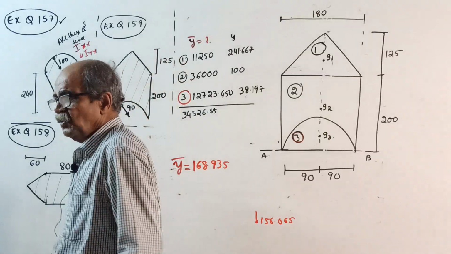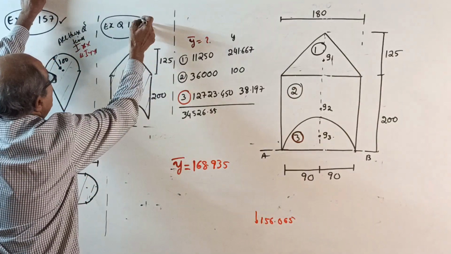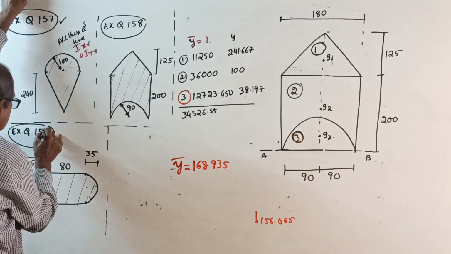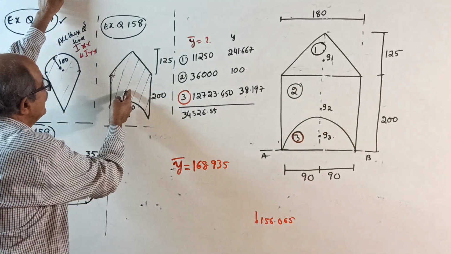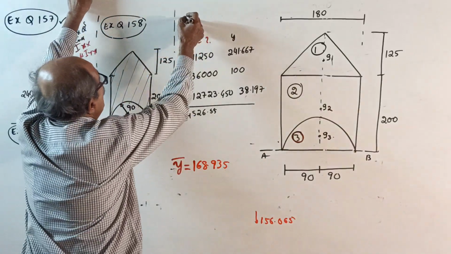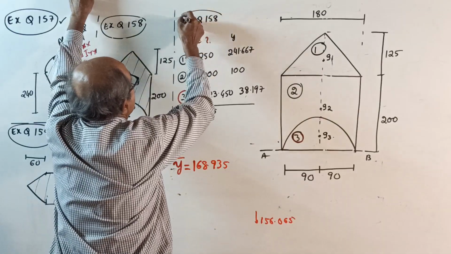Okay, I will do one thing. Make a small change in the question number. You make this 158, make this 159. Okay, no problem. You make 157 over, make this 158. So, exercise question 158. Change the question number.